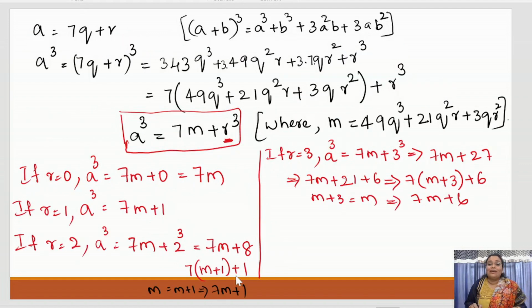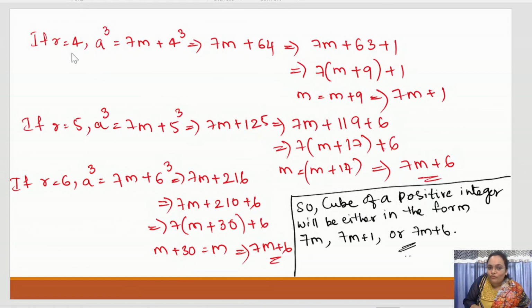So if you see in all the cases, if r equals 0, it is in the form of 7m. If r equals 1, it is 7m plus 1. If r equals 2, it is 7m plus 1. If r equals 3, it is 7m plus 6. If r equals 4, it is 7m plus 1.